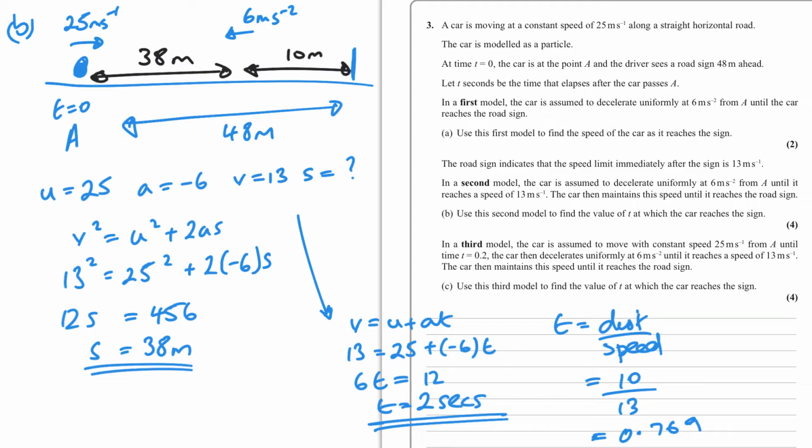So I'll put this bit in black because I don't have a lot of room, but my total time is 2 10/13 of a second, or 2.769 seconds. Okay, either one would be acceptable there.